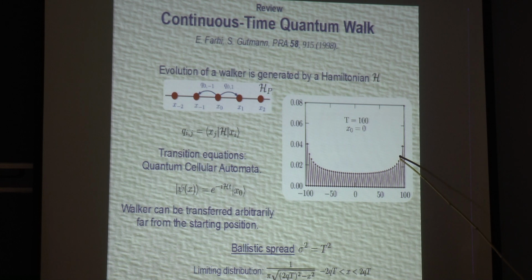This graph shows the probability distribution obtained in the continuous time quantum walk for the same time, t equal 100, providing also that the walker started in the middle of the line. Although this distribution exact shape is a little bit different, the common feature is that it also is characterized by the ballistic spread.